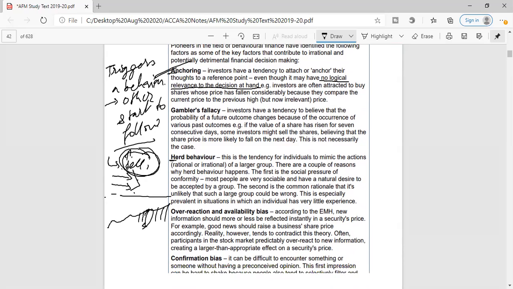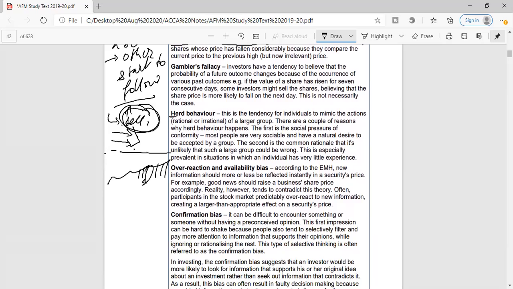This is what wealthy and successful investors like Warren Buffett have criticized, that you need to remain invested long term and not have a knee-jerk reaction in selling the stock. Going in and out does not make anyone wealthy, but that's the gambler's fallacy. If the value of the share rises for 7 consecutive days, some investors might sell the shares.